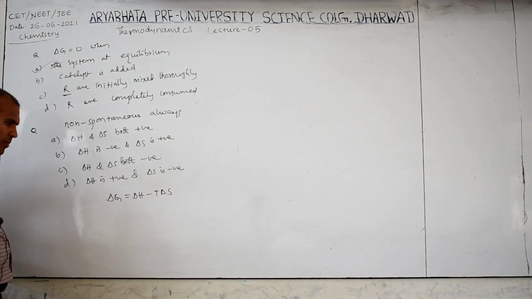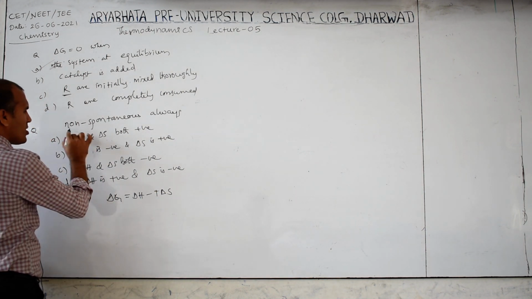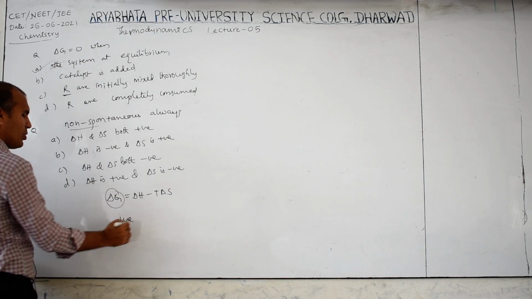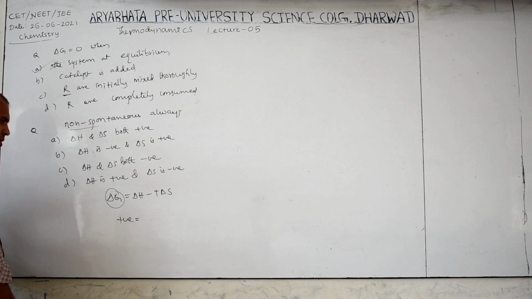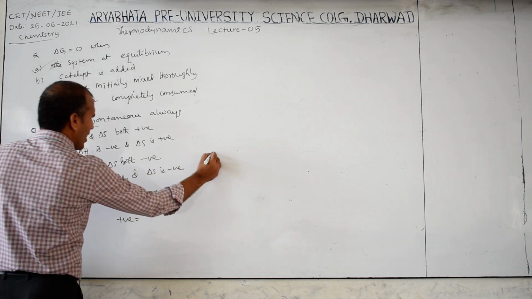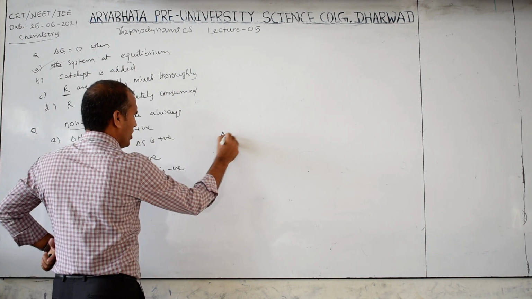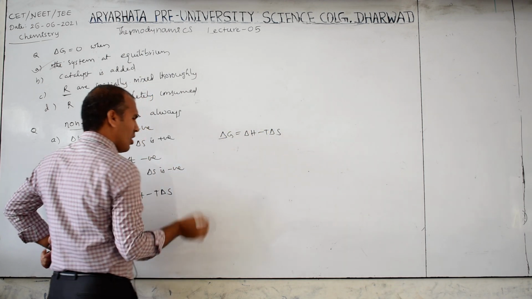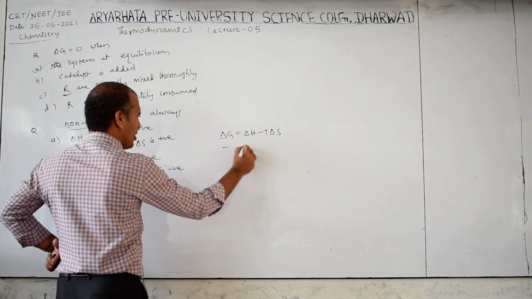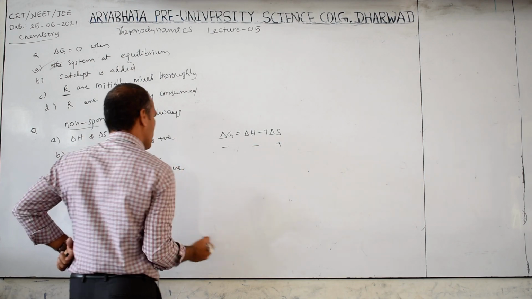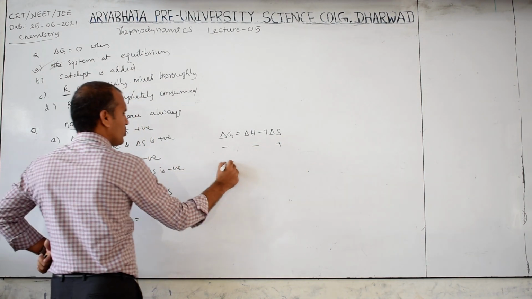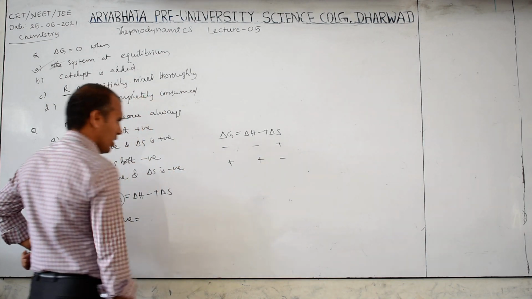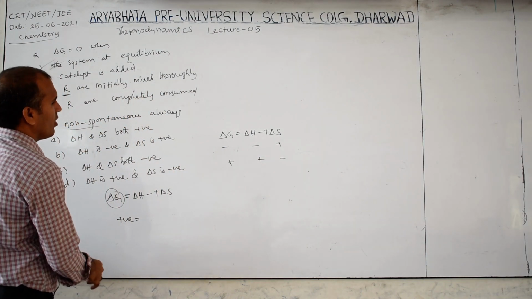This is our formula. Then non-spontaneous means what we have to do? This should be positive. Generally delta G is equal to delta H minus T delta S. Always spontaneous means this is negative, this is negative, this is positive. It's reverse for non-spontaneous: this is positive, this is negative. Okay.